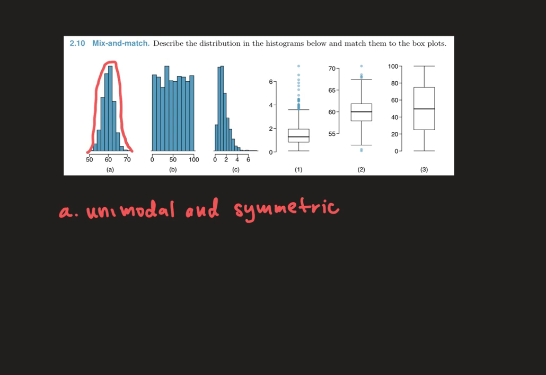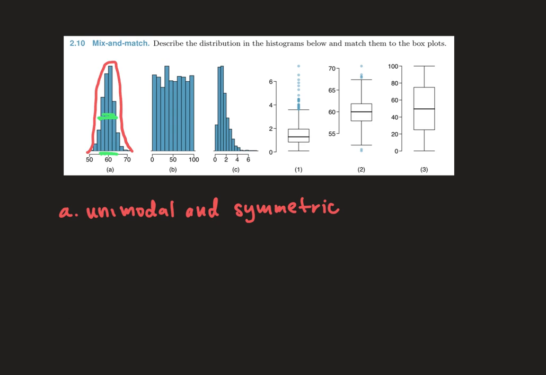And then if we look at the box plots, a lot of the data is grouped in the center. The histogram bars are taller in the center towards the mean. That means that in the middle quartiles, there are more values.